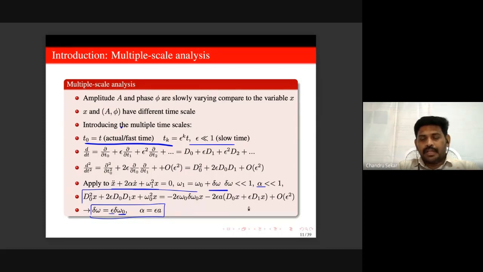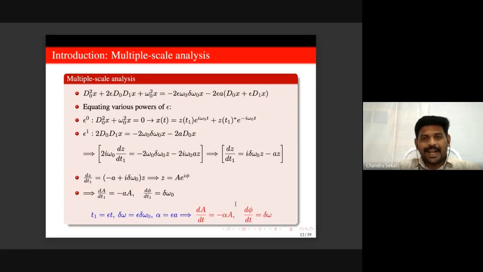For the time being, I omit this higher order term and write this equation and collect the powers of epsilon to the power 0 and 1. I get these two equations.